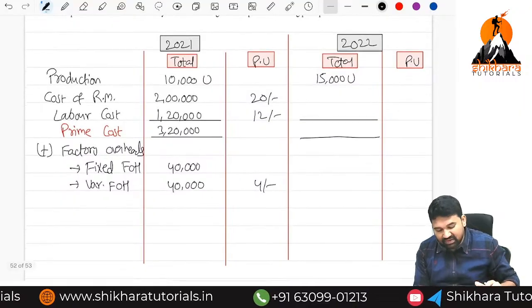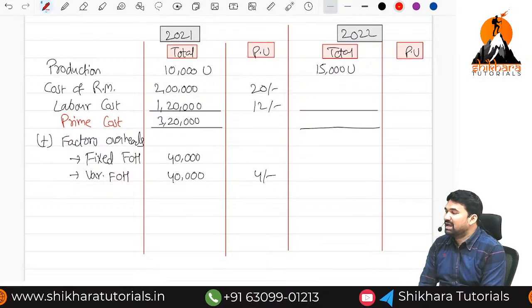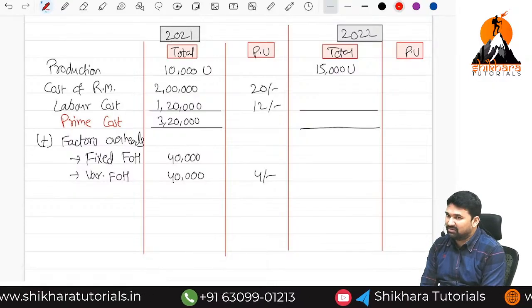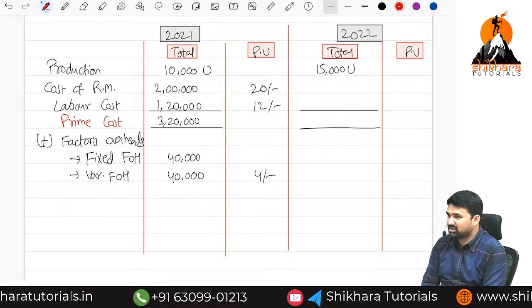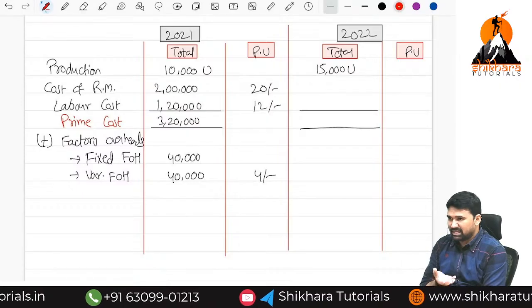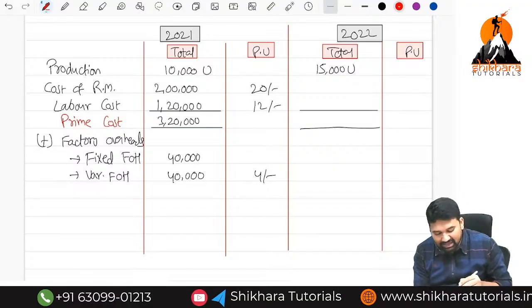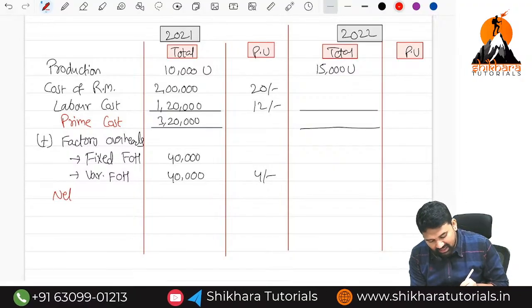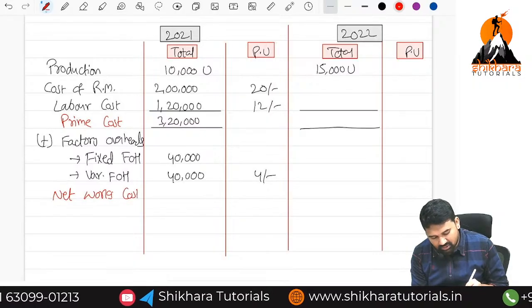So this is factory overheads. If you add factory overheads to prime cost, you get gross works cost, and work in progress needs to be adjusted. Here in the problem there is no work in progress. That is why we are directly writing net works cost.